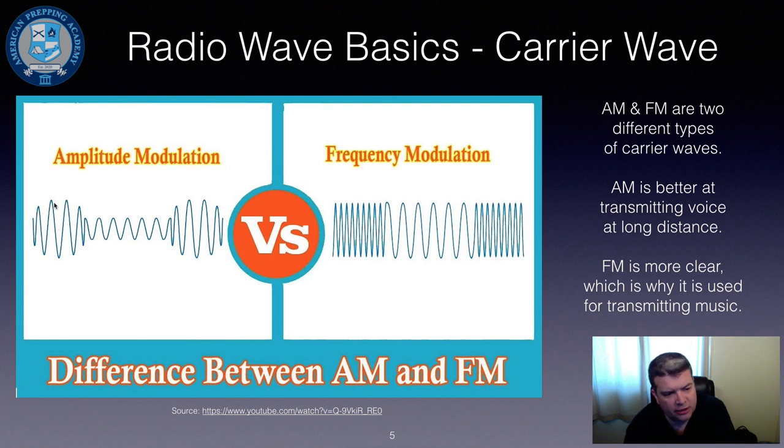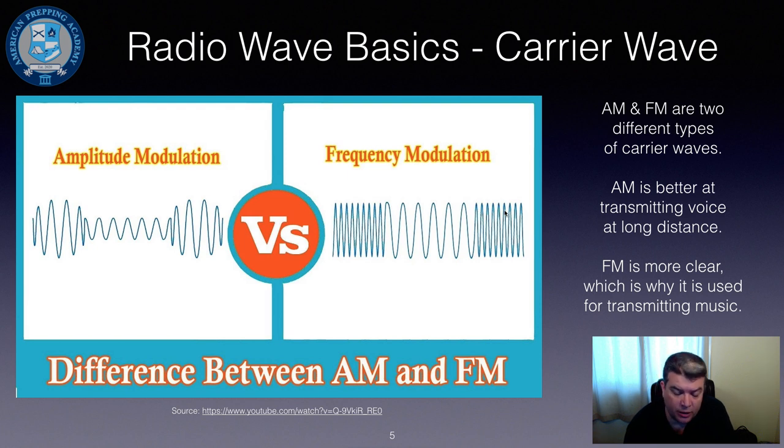So they increase the height of the wave, and then they decrease it, and then they increase it, and they decrease it, and so on. And that's how they send the signals so that the radio knows what to play. With frequency modulation, or FM, what they do is they change the frequency. So you can see here the number of cycles per second is really high, and then they slow it down, and then it gets really high again.